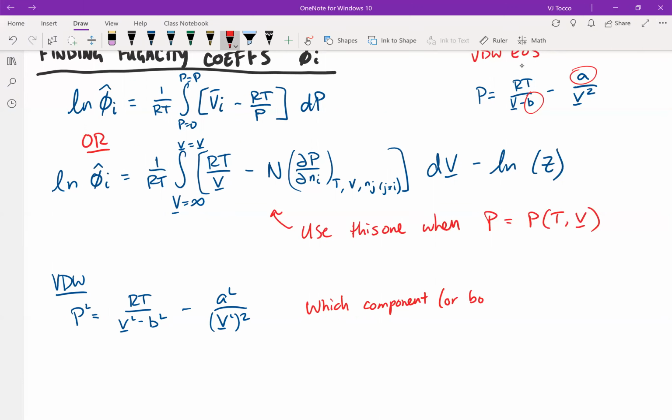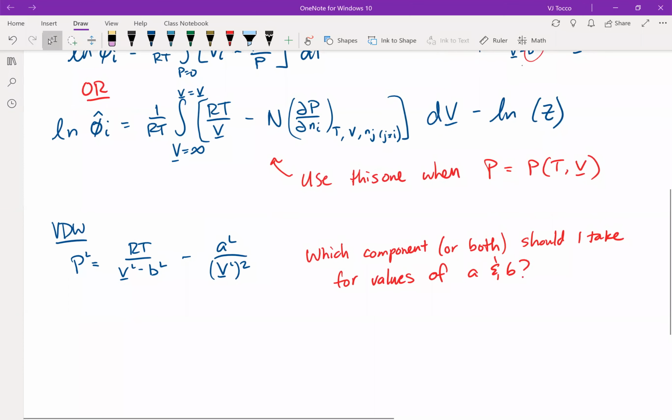And if the answer is both, how should I calculate the values of A and B? You probably have some intuition that the answer is going to be both. But if we're taking both, how do we incorporate both into this equation?